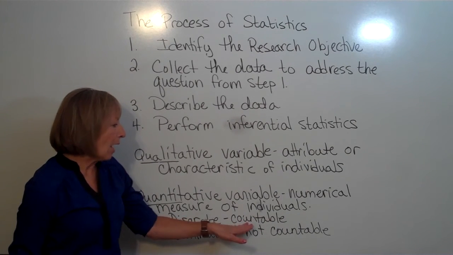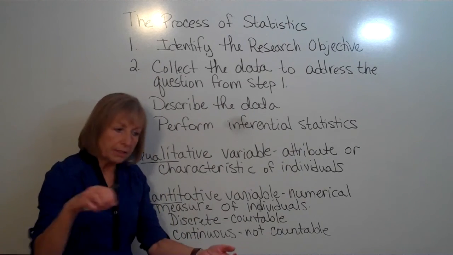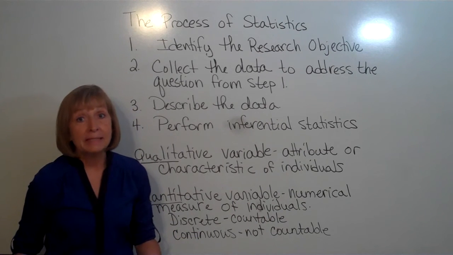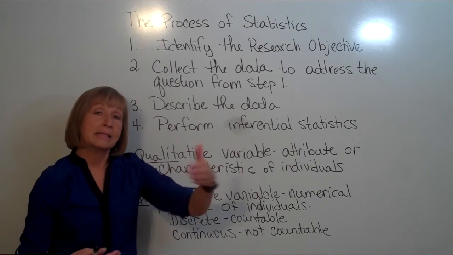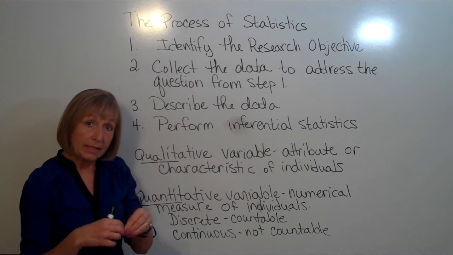So being countable, you want to think, can you put that out on a table and go 1, 2, 3, 4, 5, etc. Now it may be something that is a sequence that goes forever, but it would still be countable one at a time.